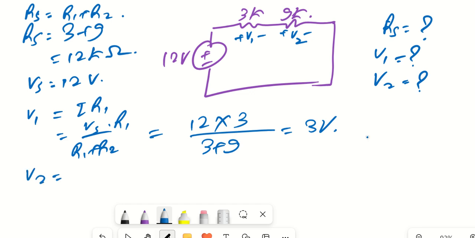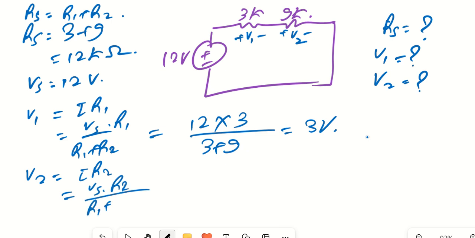Similar to that, if you want to find V2, that is I into R2, or you don't have to write this formula again and again. You can directly write Vs into R2 divided by R1 plus R2. So 12 multiplied by 9 divided by 3 plus 9, which is again 9 volt.